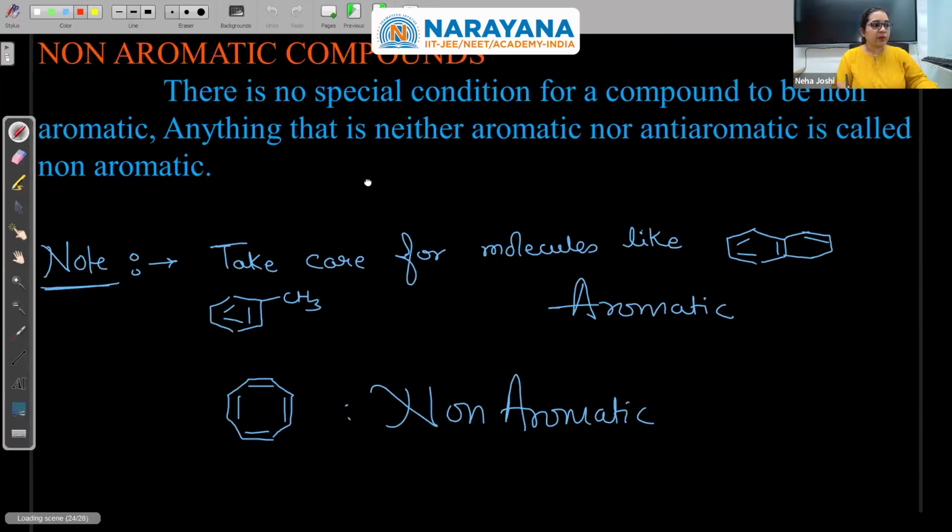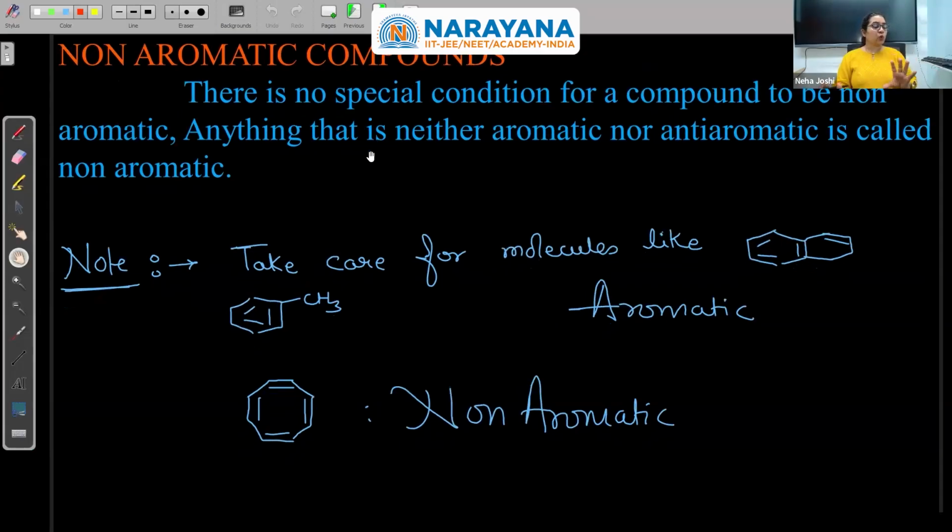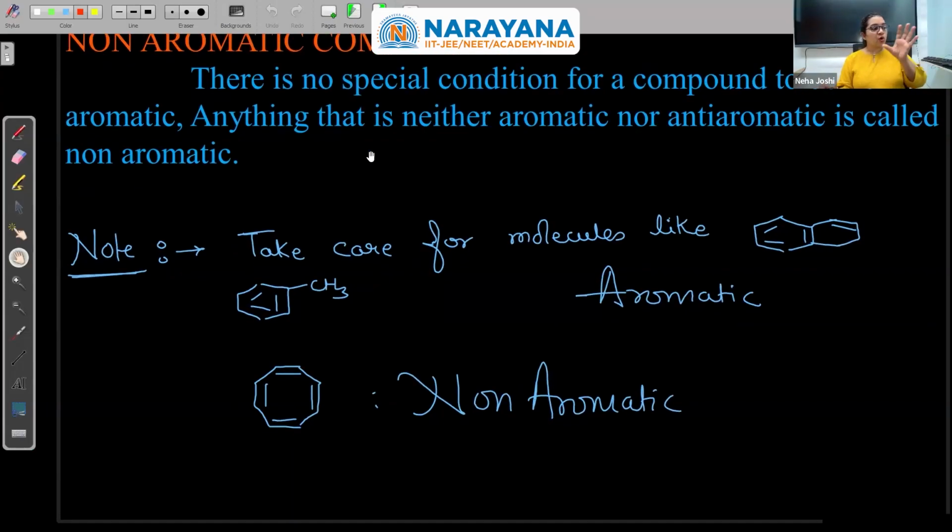Then comes non-aromatic. Non-aromatic is for whatever reason, if a molecule could not be aromatic, could not be anti-aromatic, then just dump it like a dustbin into the non-aromatic class. Okay, non-aromatic. It means it is neither aromatic nor anti-aromatic.